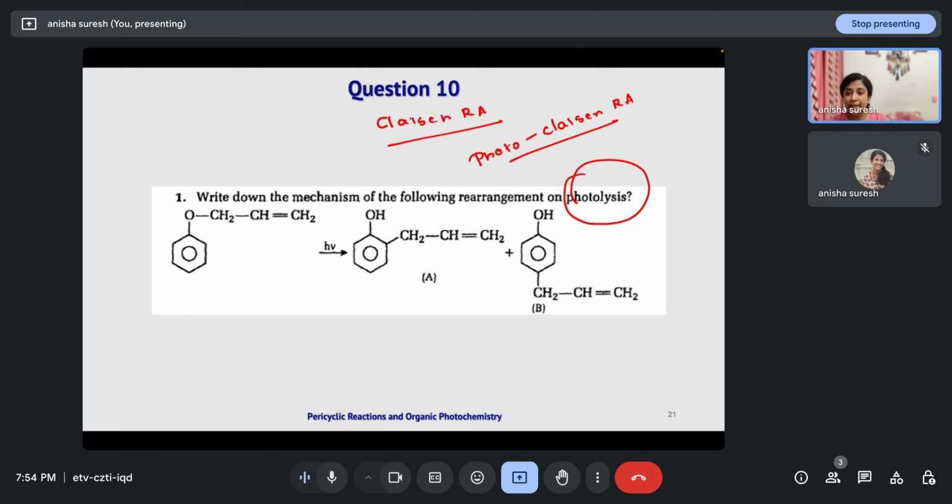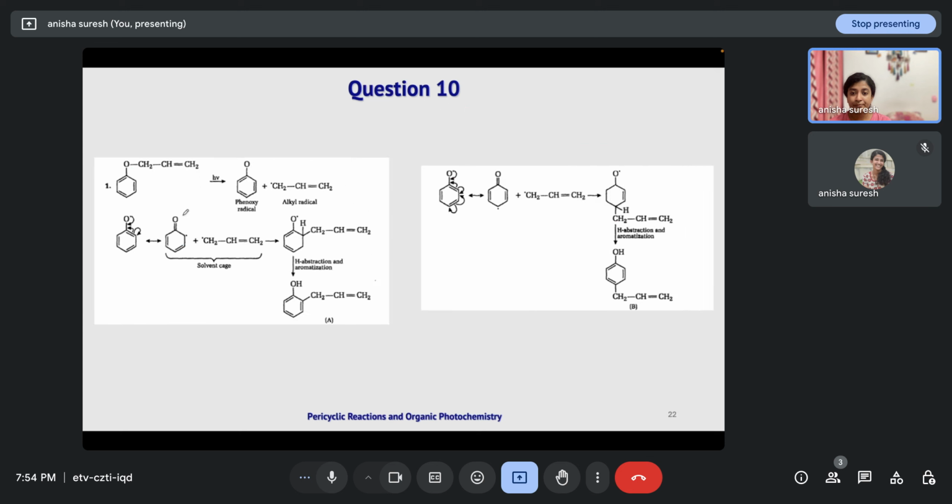So okay, what is happening here? This is the starting material. Under photochemical condition, this carbon-oxygen bond will cleave in a homolytic fashion, resulting in the formation of an allyl radical and a phenoxy radical. Okay. Then this phenoxy radical can rearrange in this fashion, leading to formation of this species.